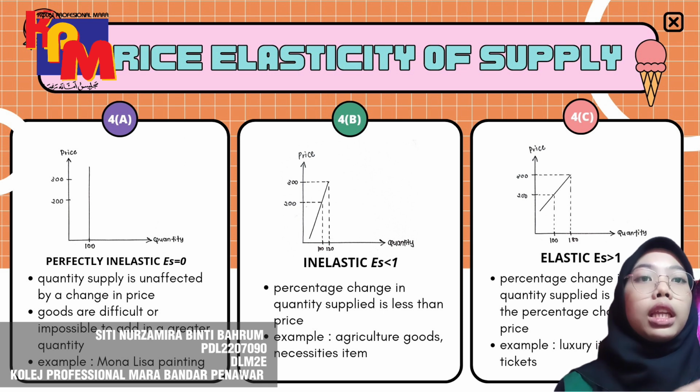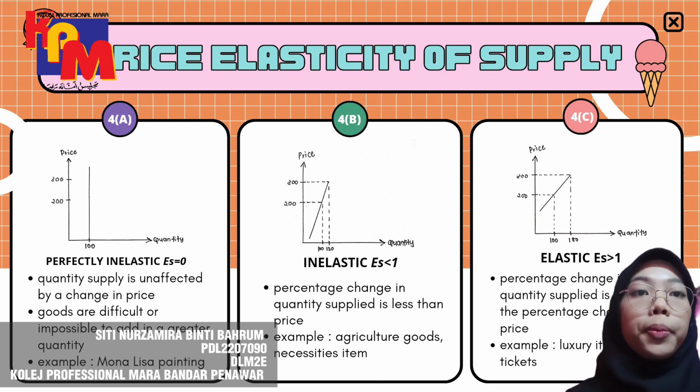You can duplicate the Mona Lisa painting, such as printing or drawing it yourself, but you can't duplicate the uniqueness of the painting. The other example of perfectly inelastic goods is limited edition product, such as watch or makeup.